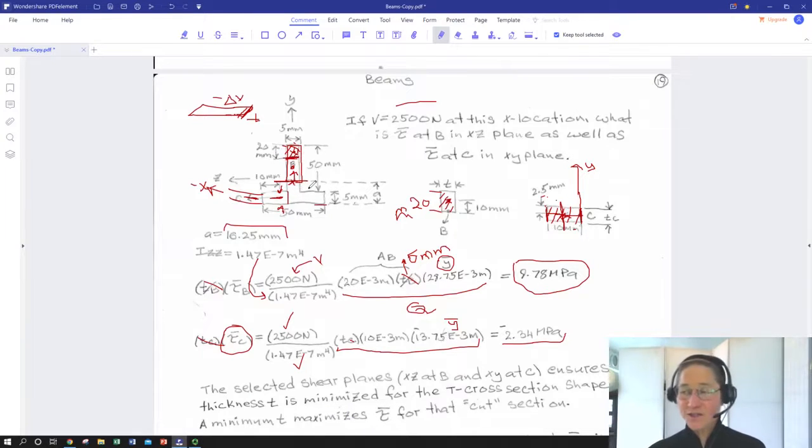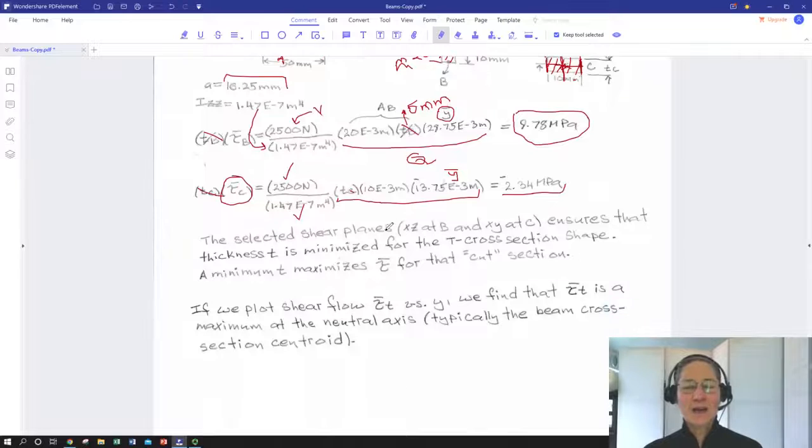So one way to do that is to do some experimental cuts, move them up and down, see how they vary with position, and it's basically going to be a trade-off between the y centroid of your cut area relative to the y centroid of the whole cross section versus the area of your cut area. So, where's your Q maximum?